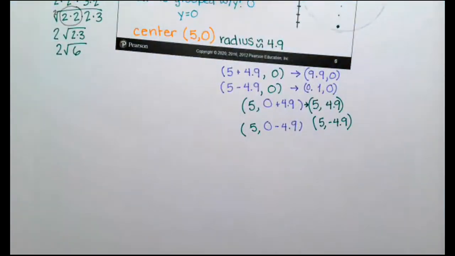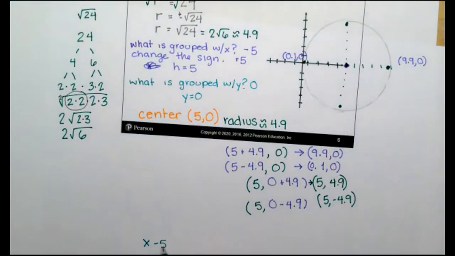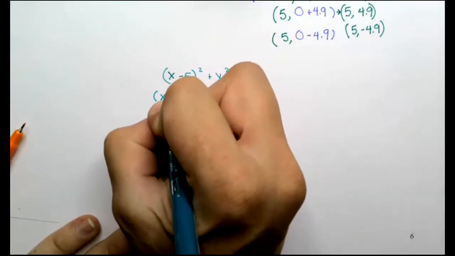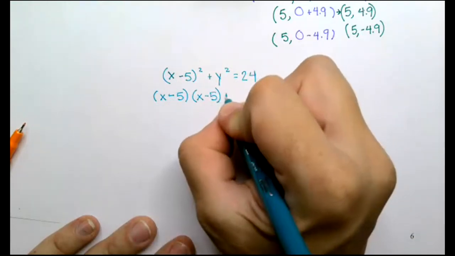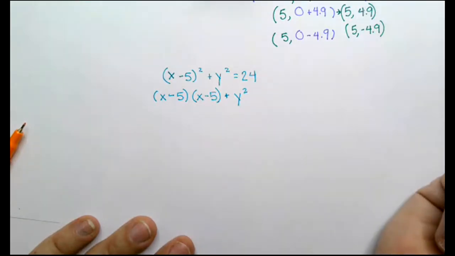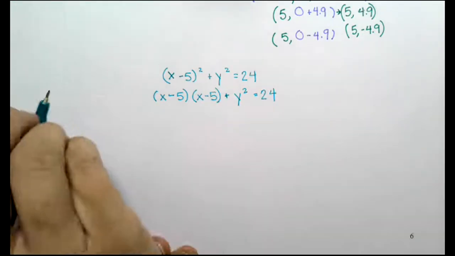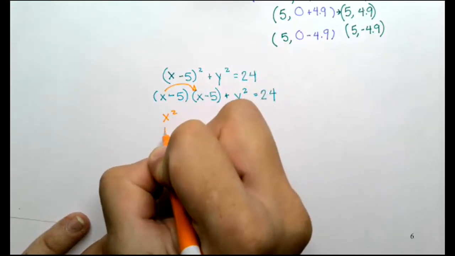So the equation was (x minus 5) squared plus y squared equals 24. (x minus 5) squared is (x minus 5) times (x minus 5). y squared just stays as y squared. So first would be x squared. That's my first in FOIL.